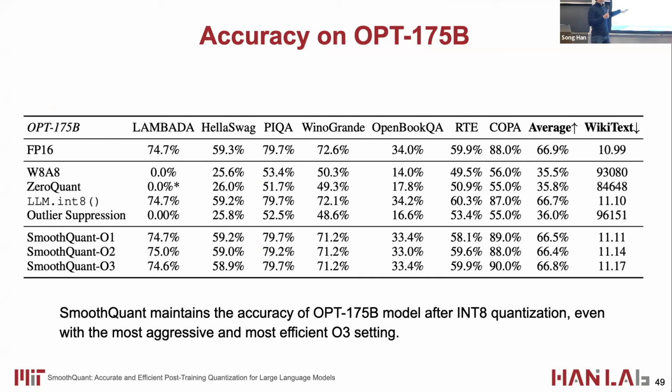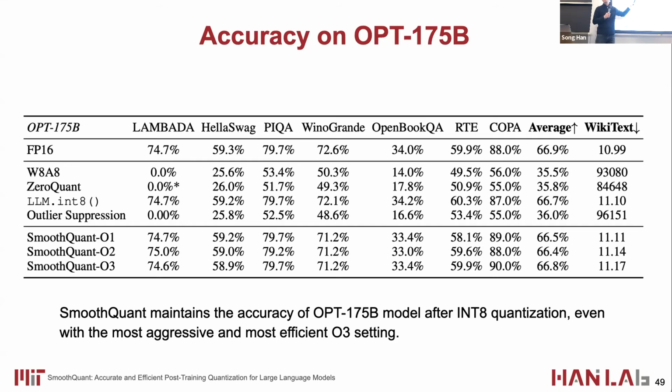For O1, O2, O3, this is the LAMBADA data set, which is very popular these days. The baseline is the FP16 accuracy. We are getting roughly 64.7% accuracy. Naively using 8-bit integer, very unfortunately, 0% accuracy for this OPT 175 billion model.